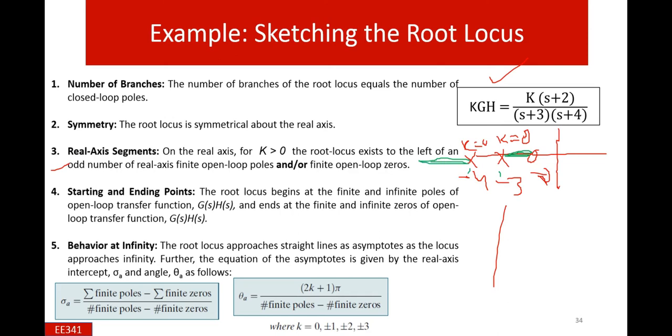So these are the starting points of the poles where K is equal to 0, and one path of this root locus ends at K equal to infinity, here at the zero which is at -2, and the other is lying at K equal to infinity. So these are the starting and end points.